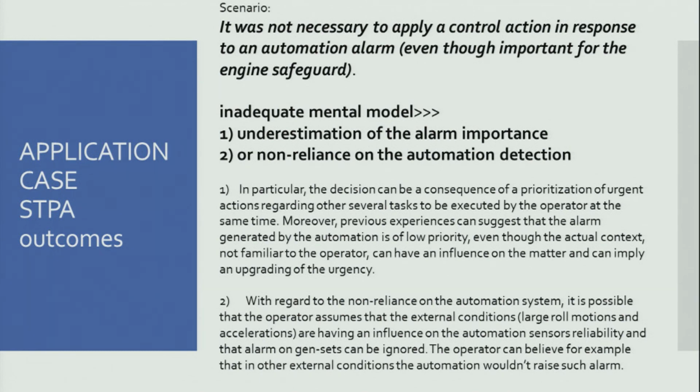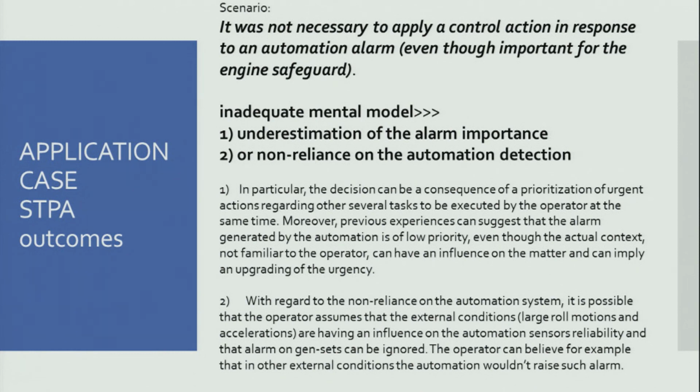Probably because of an inadequate mental model, so in turn an underestimation of the alarm importance, or the fact that the human controller didn't think that the kind of alarm given by the automation was reliable.